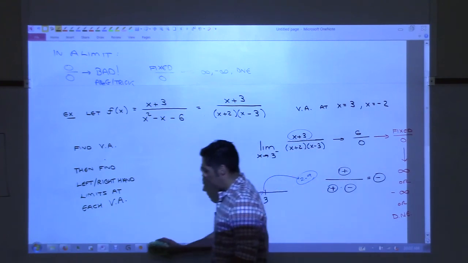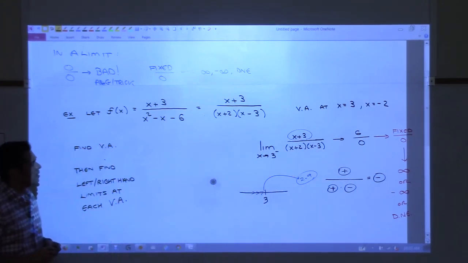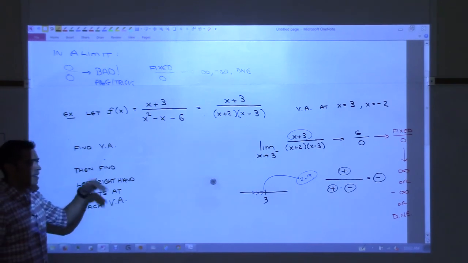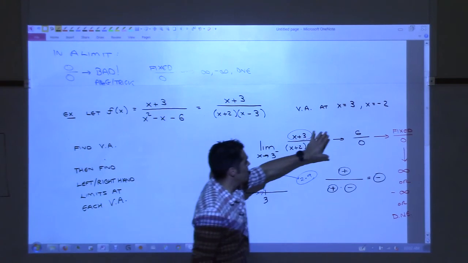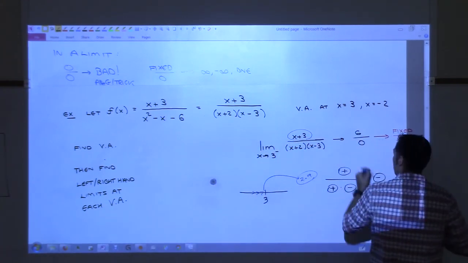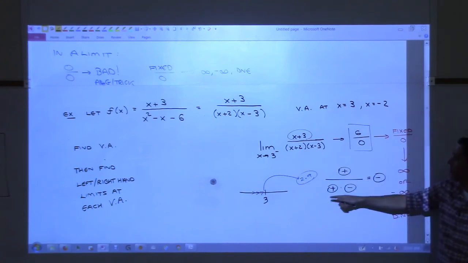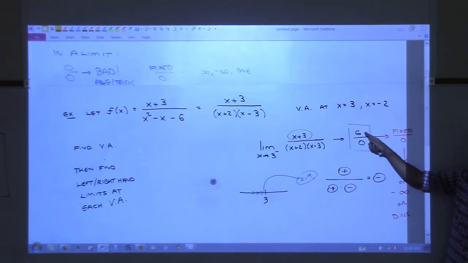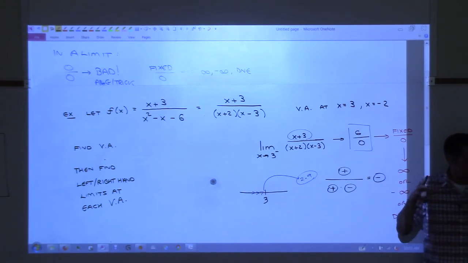Okay, well, I think I know what you're getting at here. The reason why I know that it's not oscillating is because of the form that we have right here. As x goes to 3, the numerator goes to 6, and the denominator gets small.